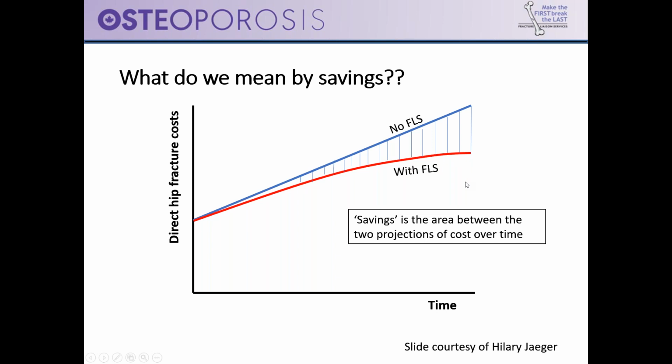And additionally, to the healthcare administrators themselves, the cost savings are not cost savings. So what are the cost savings? The cost savings are because you prevented a broken hip, you saved an OR for that patient, you saved an admission to hospital, and you've also averted potentially an admission to long-term care.